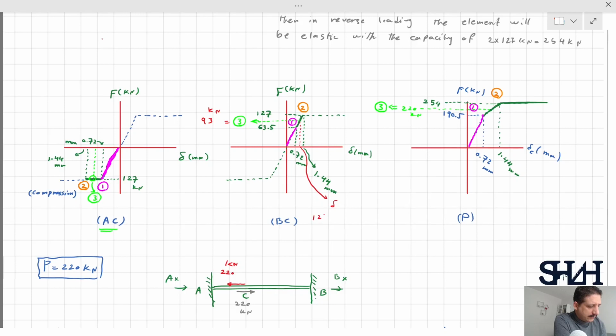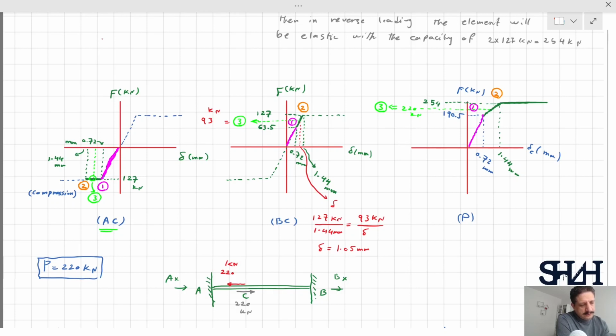So 127 kilonewton divided by 1.44 millimeter is the same as 93 kilonewton divided by delta. And delta from this equation will be 93 times 1.44 divided by 127, which is 1.05. So this is only for loading.